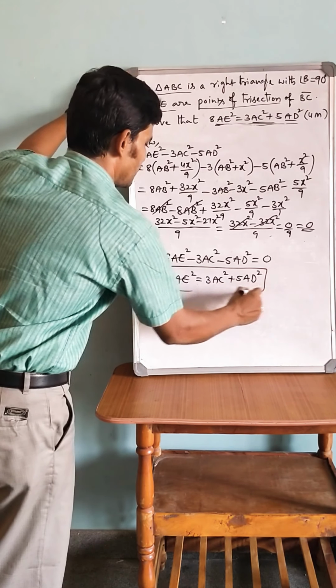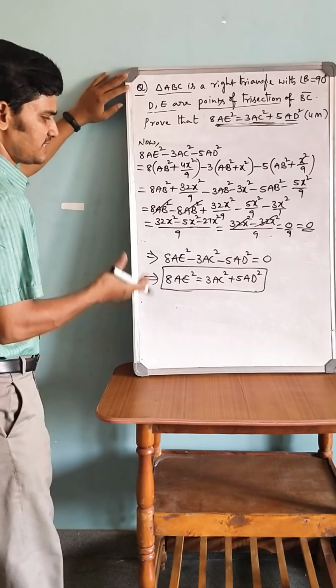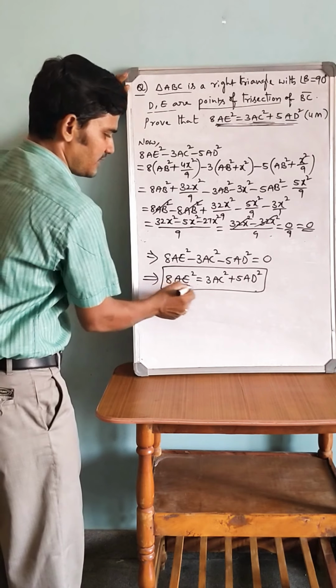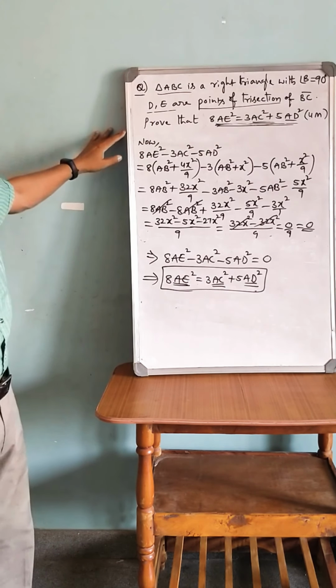This is our required result to be proved. So here what we have done is just applied Pythagoras theorem for the right triangles which have these three as hypotenuses. I hope you have understood. Thank you.